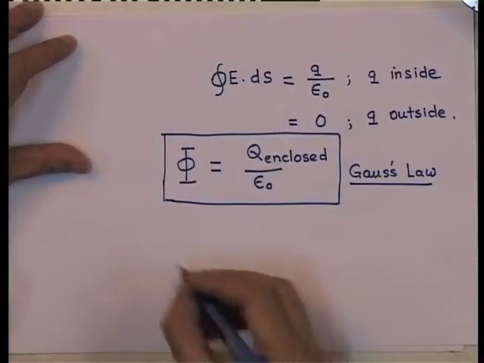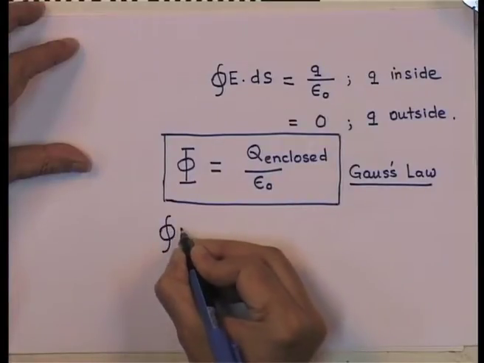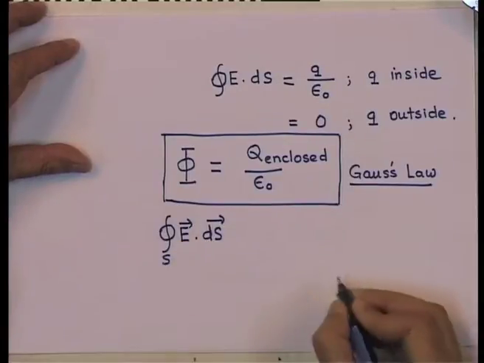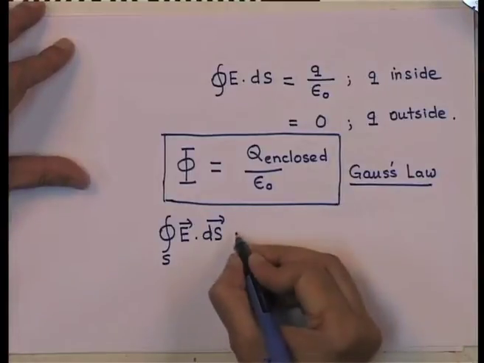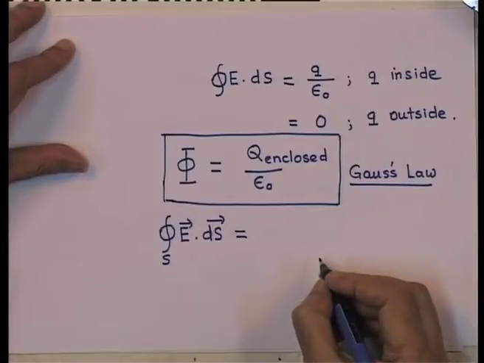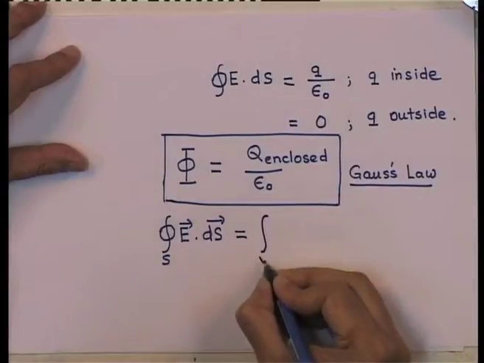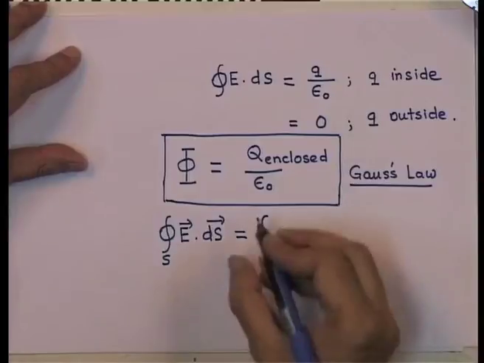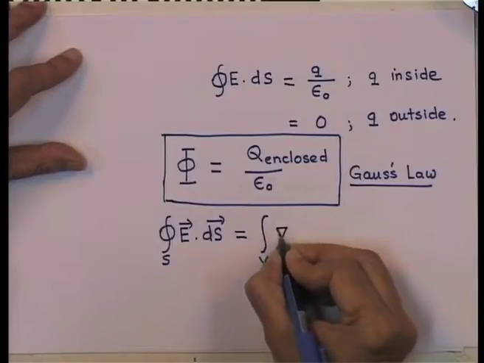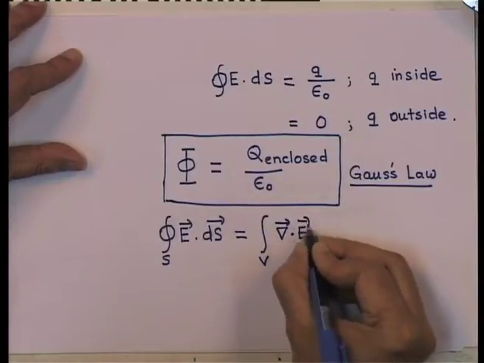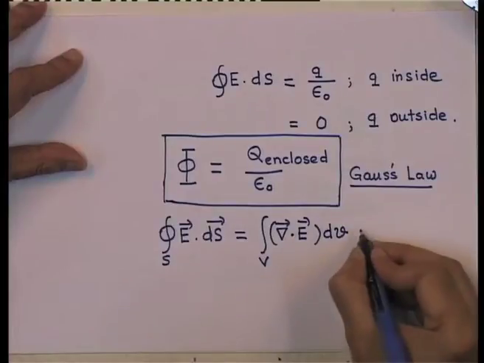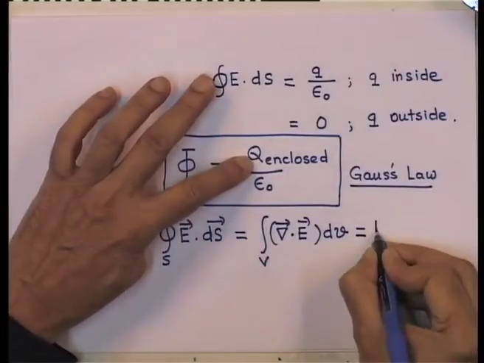Now, let me recall for you that suppose this surface S encloses a volume V. So, this integral E dot d s by divergence theorem is the same as the integral over volume V, where the surface integral becomes a volume integral, and I will be left with del dot E, that is divergence of E dV, and that is equal to the amount of charge that is enclosed divided by epsilon 0.